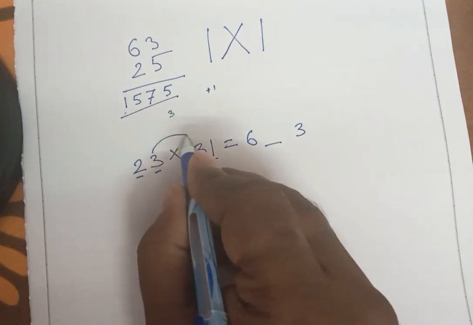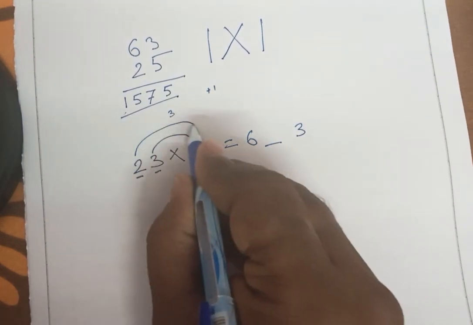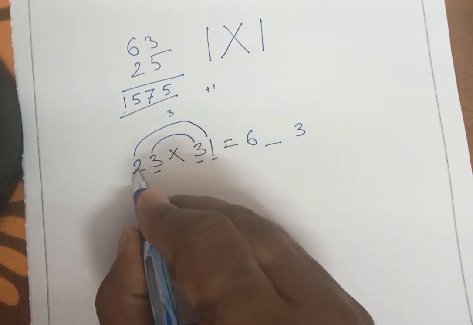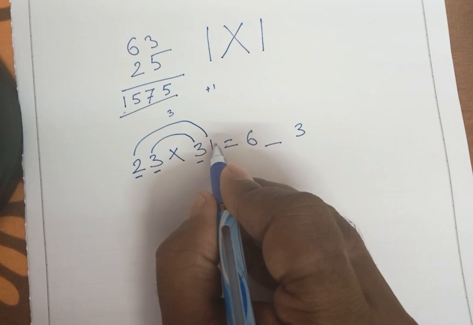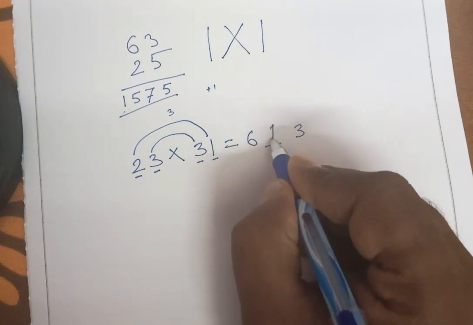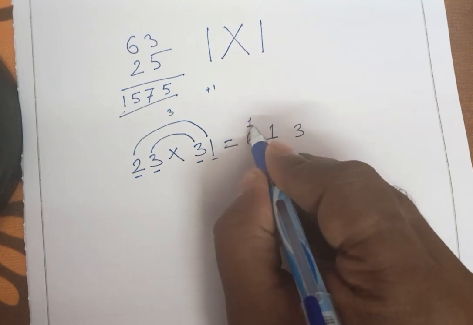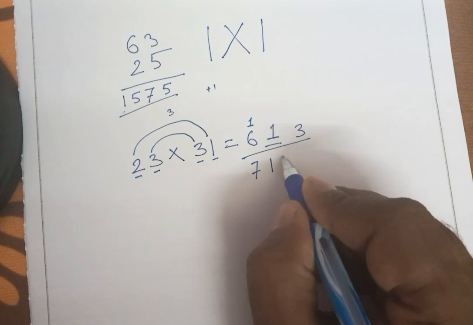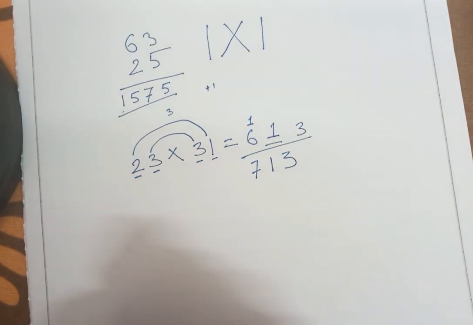Now multiply these two plus these two. If you multiply these two, it will be 9, and if you multiply this one, that is equal to 2. So 9 plus 2, 11. So 1 here and 1 here. Now if you add, 7, 1, 3, this is the answer.